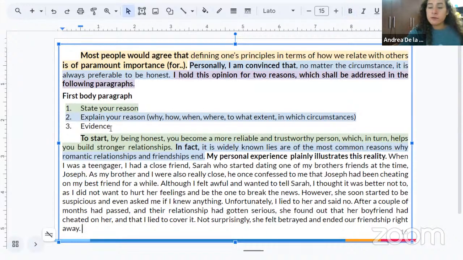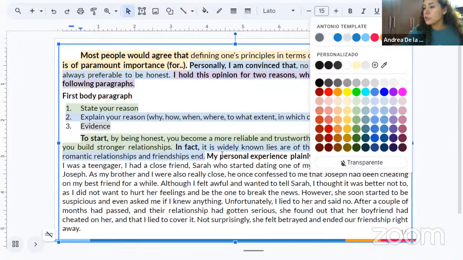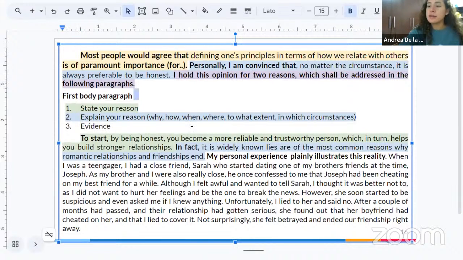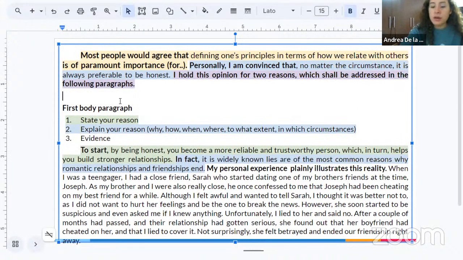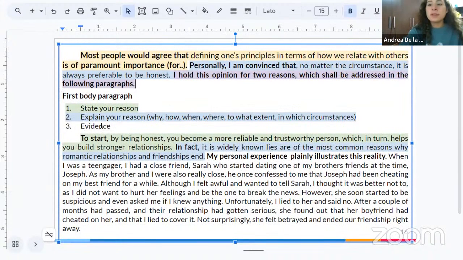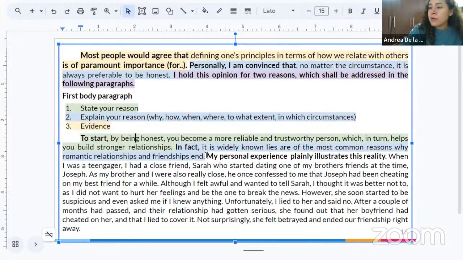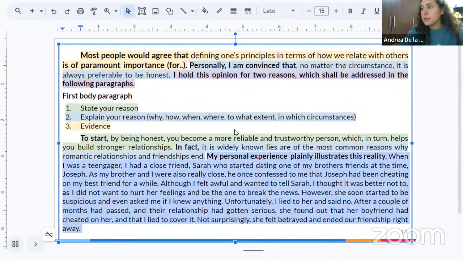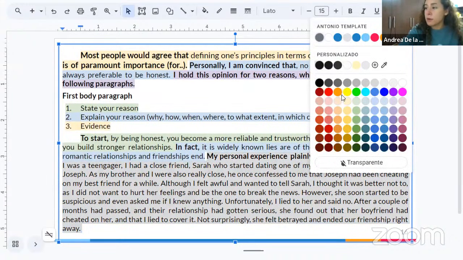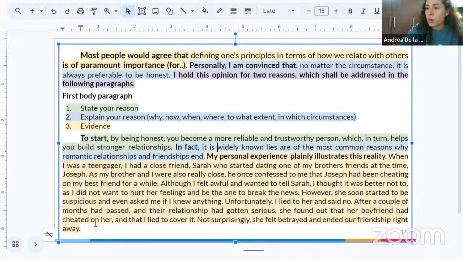And finally, after the evidence, after the example, what you guys have to do is have a closing idea that kind of closes this paragraph, right? As a short conclusion for the paragraph. Now, one really good way of doing this is by using a third conditional. This is especially good for grammar points, okay?